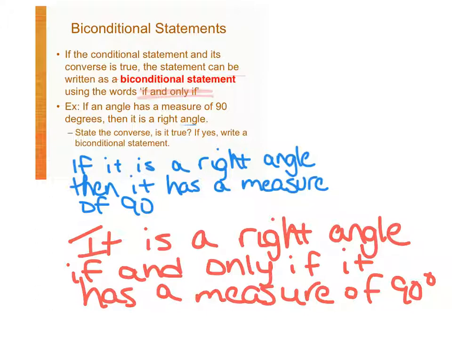So what I'm doing is, when I make it into the biconditional, I drop the words if and then, and in between the if and the then statement, I've added the words if and only if.